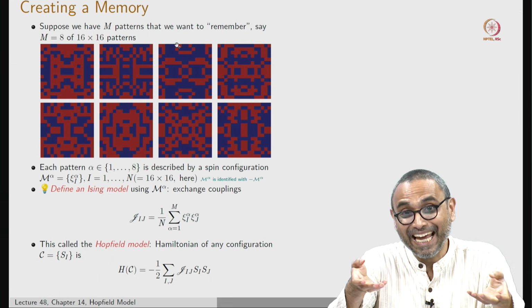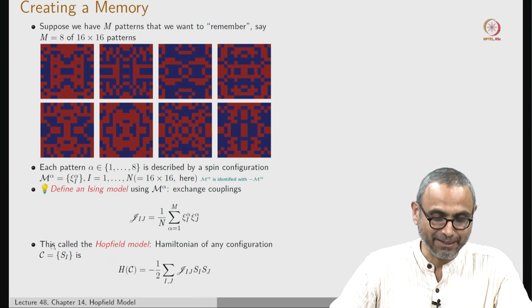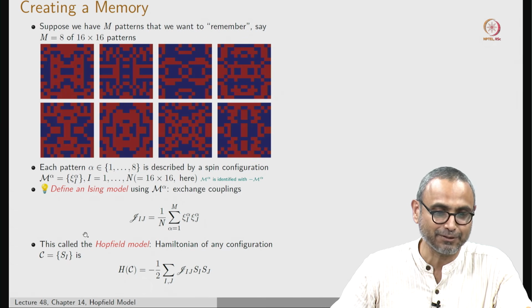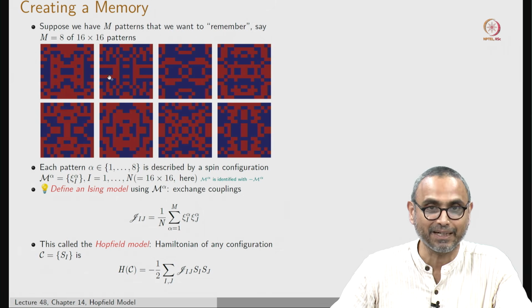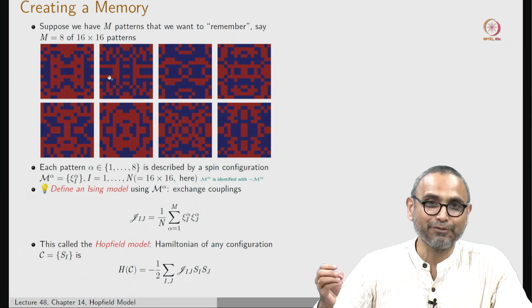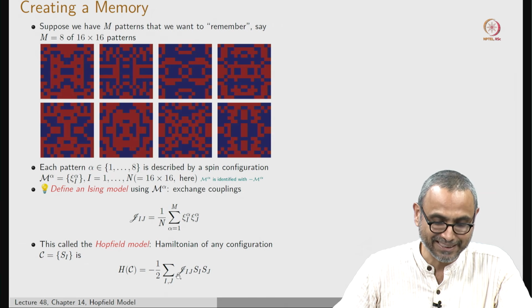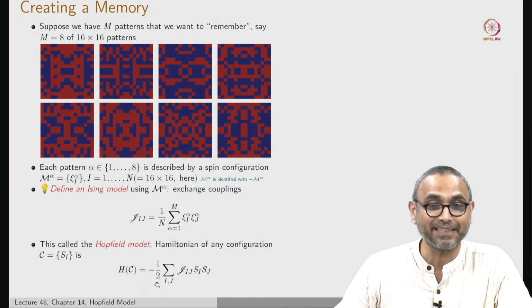Now you give me any other image, so that image could be some arbitrary configuration of spins, this may or may not be related to any of these patterns. I can define a Hamiltonian or an energy associated with that, that is simply minus 1/2 sum of J_ij S_i S_j.